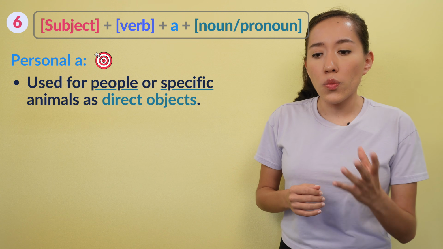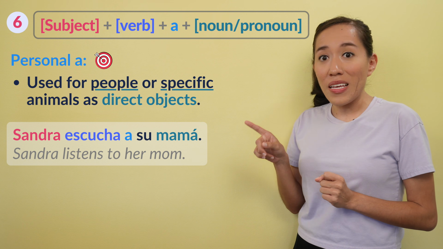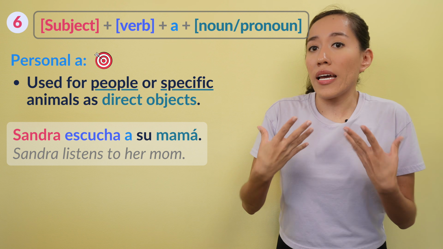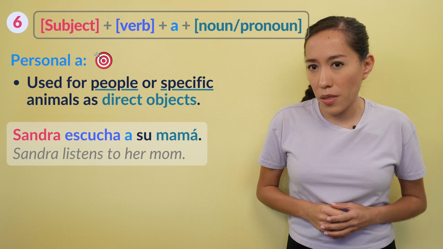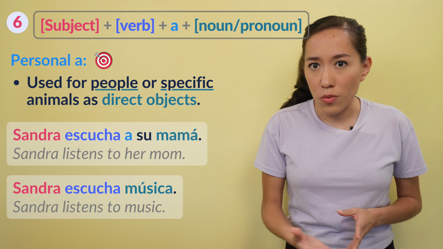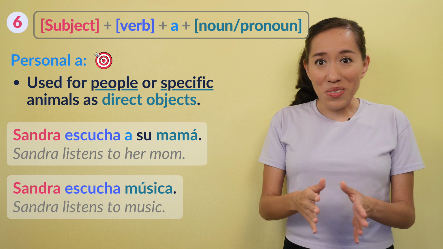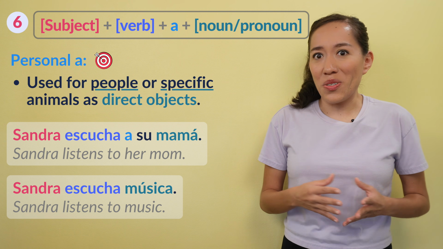As a result, we say things like Sandra escucha a su mamá. Su mamá es el objeto directo y porque es una persona, we need personal a. But check this example. Sandra escucha música. Why are we not using personal a here? Porque música no es una persona. No necesitamos personal a.